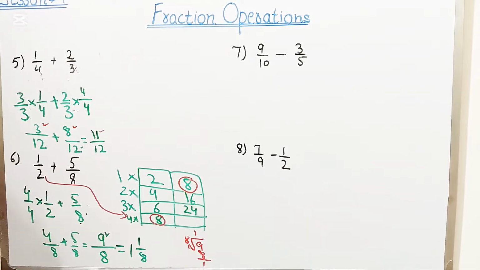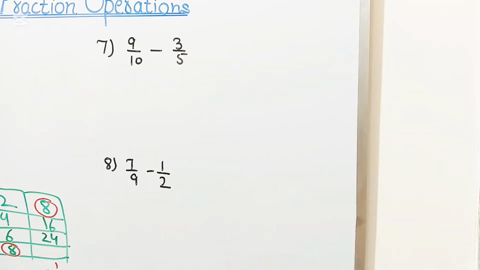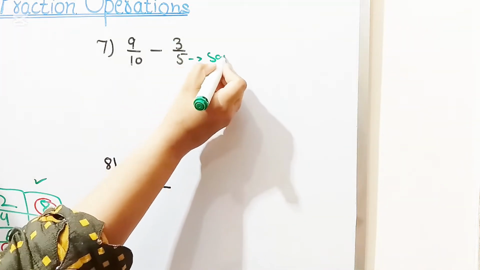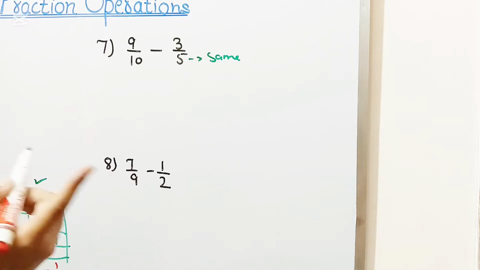So next question. Question number 7. In the above question, we saw the multiples to make the same denominators. But now, in addition or subtraction, we can also do the butterfly method.